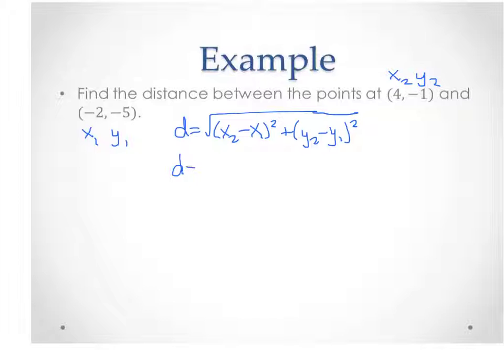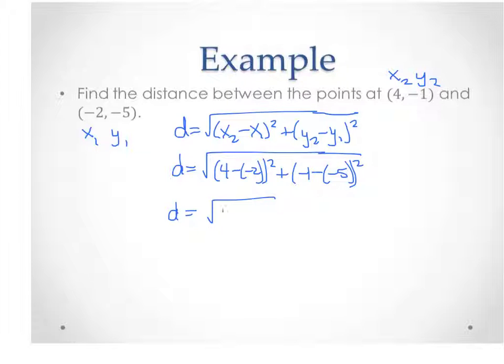So we get d equals the square root of 4 minus a negative 2 squared plus negative 1 minus a negative 5 squared. Watch your signs.